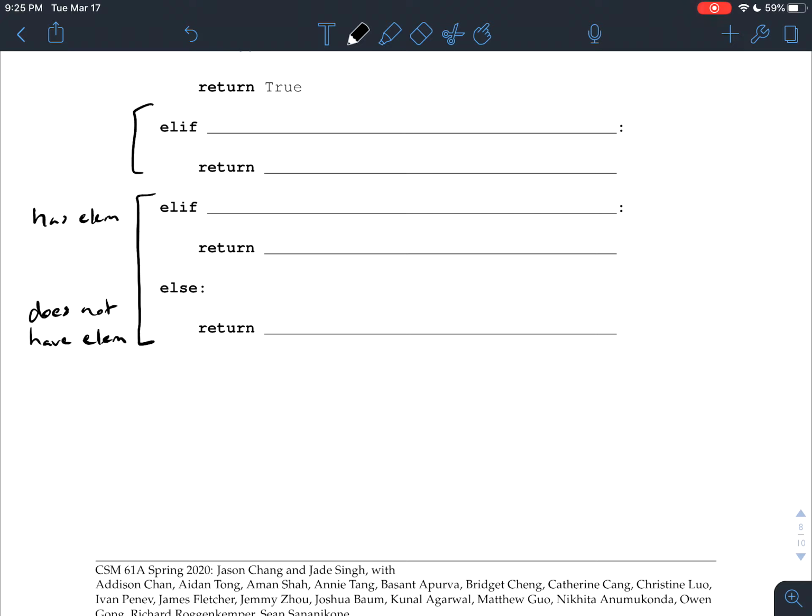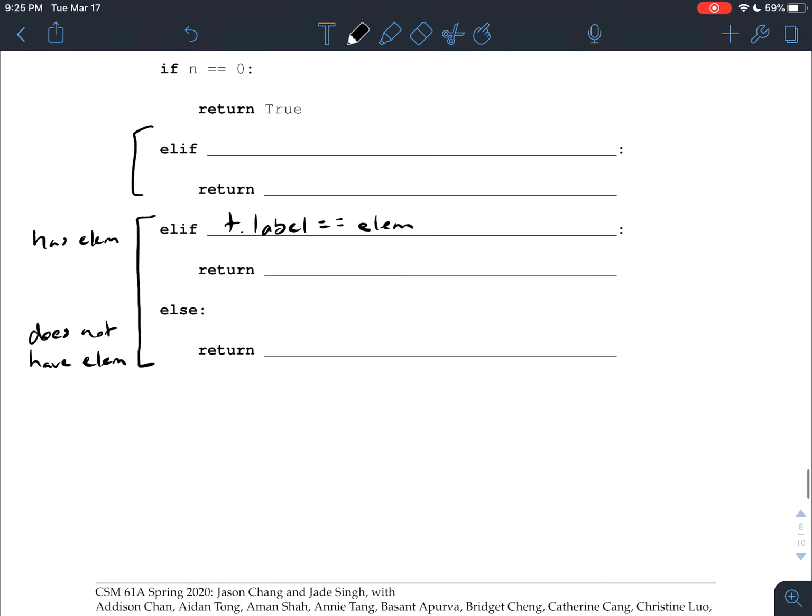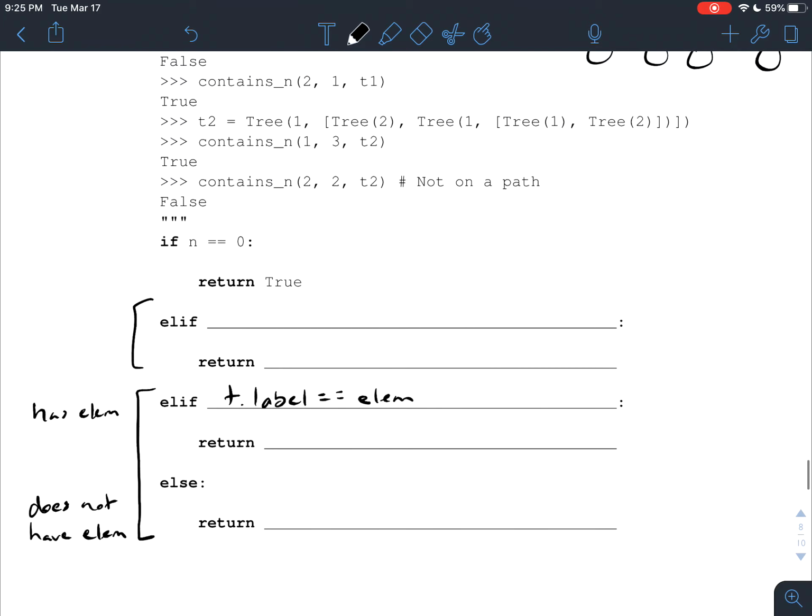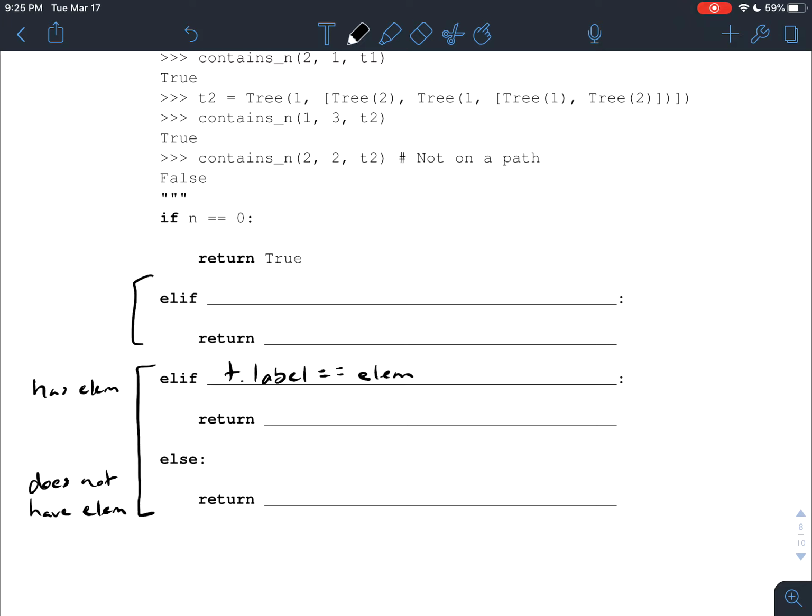So in the case where we have elem, so t.label equals elem, then what do we need to do? Well, we know we need to recurse, since this is a tree problem.